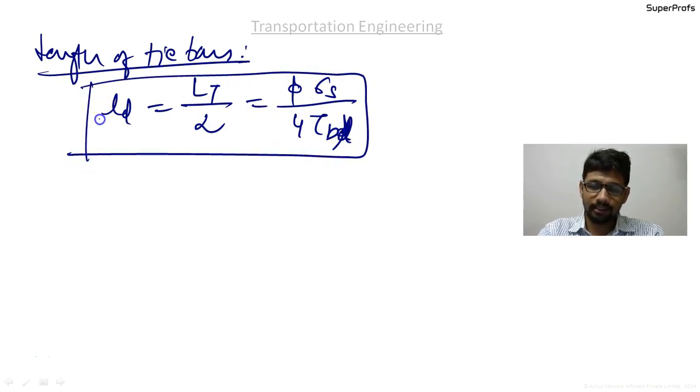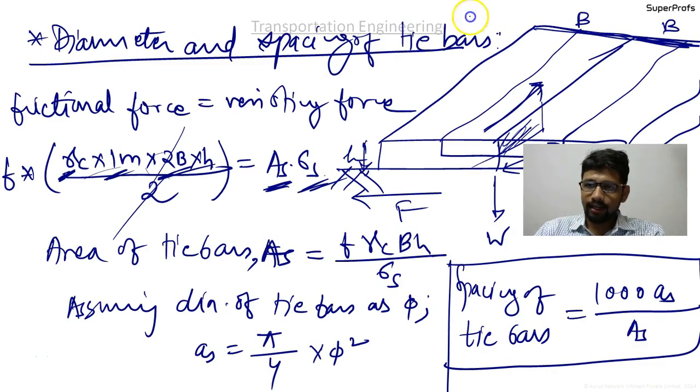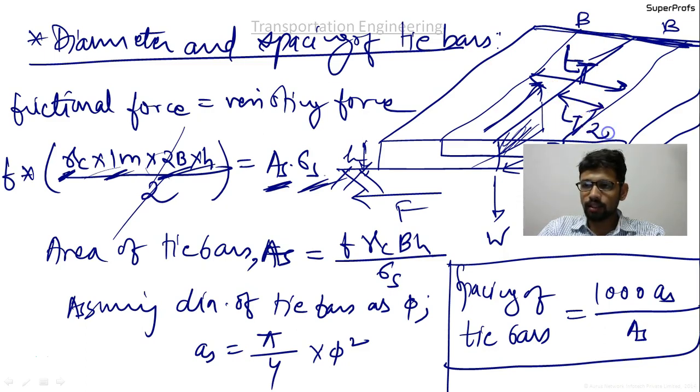LT is the length of the tie bar, and half of it, LT by 2, is the distance for which the tie bar is put inside the pavement on one single pavement.